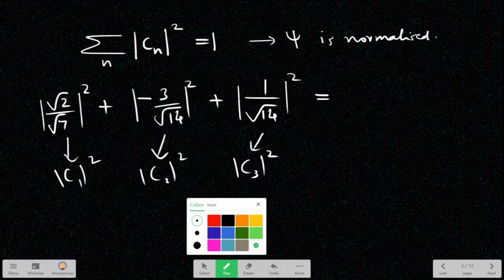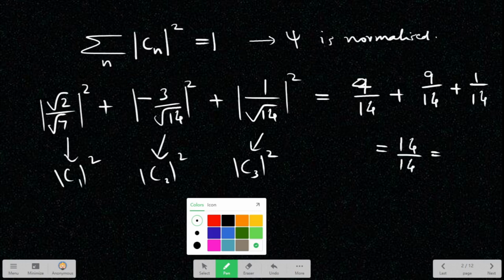So let's check if it is equal to 1 or not. Root 2 by root 7 modulus square is 4 by 14 or 2 by 7, plus 9 by 14 plus 1 by 14, which is equal to 14 by 14, which is equal to 1.